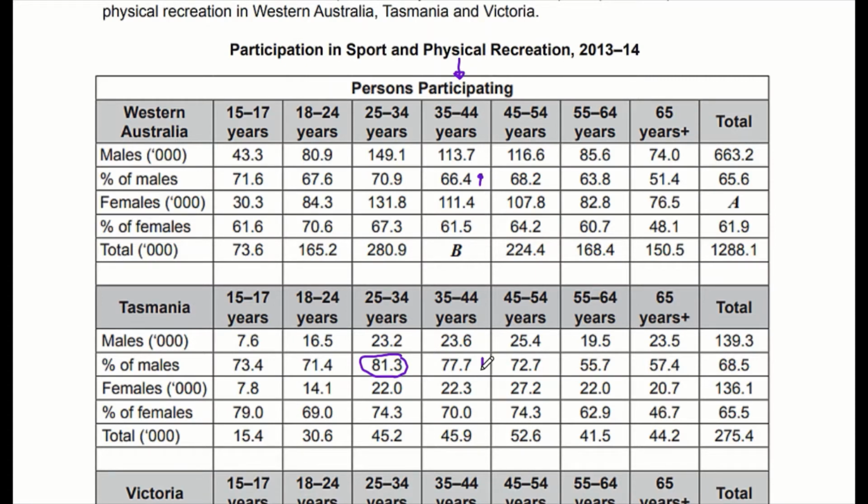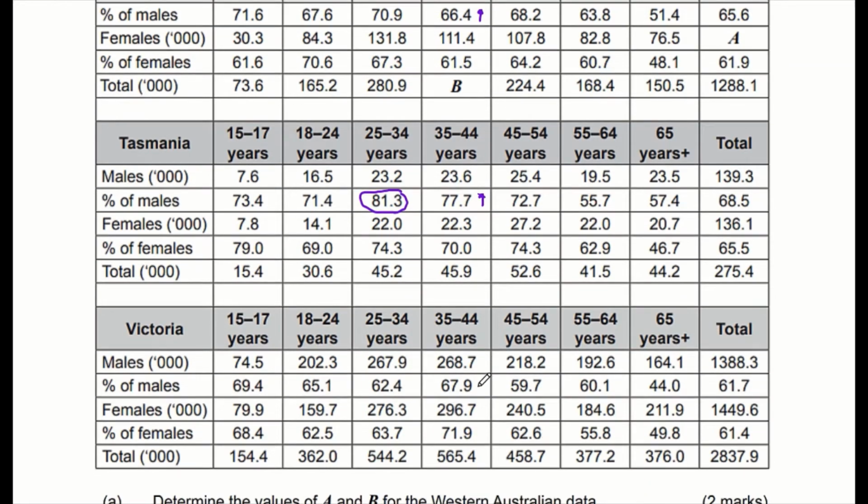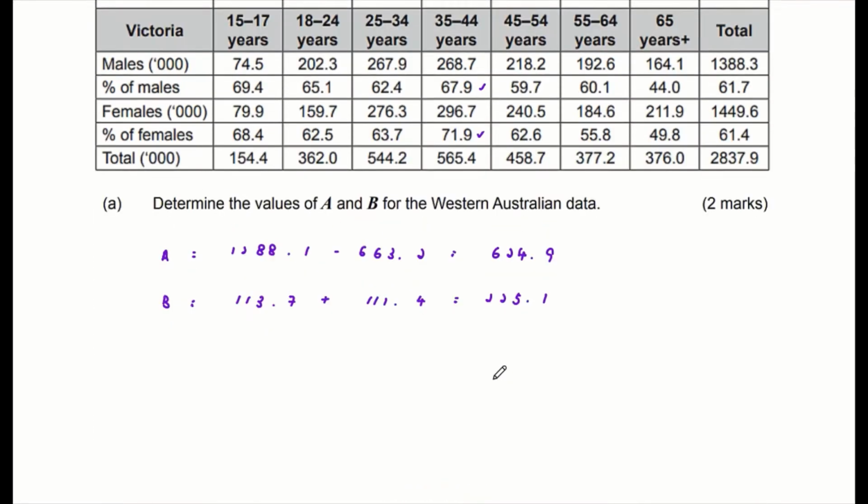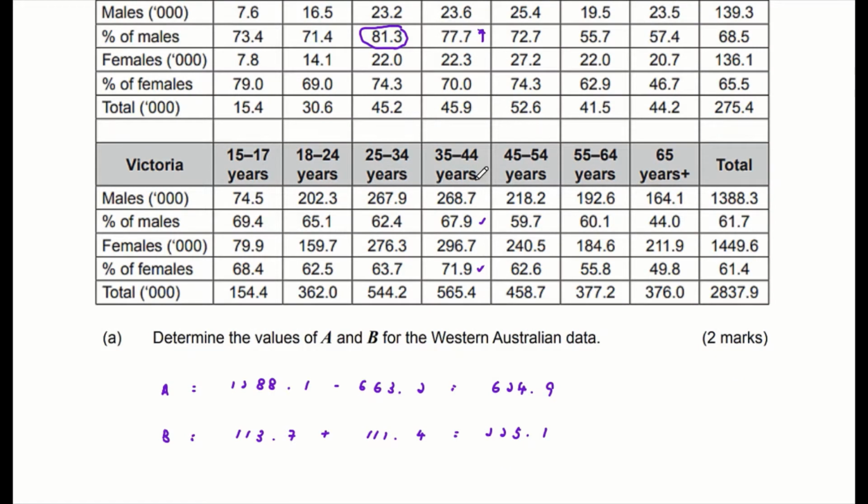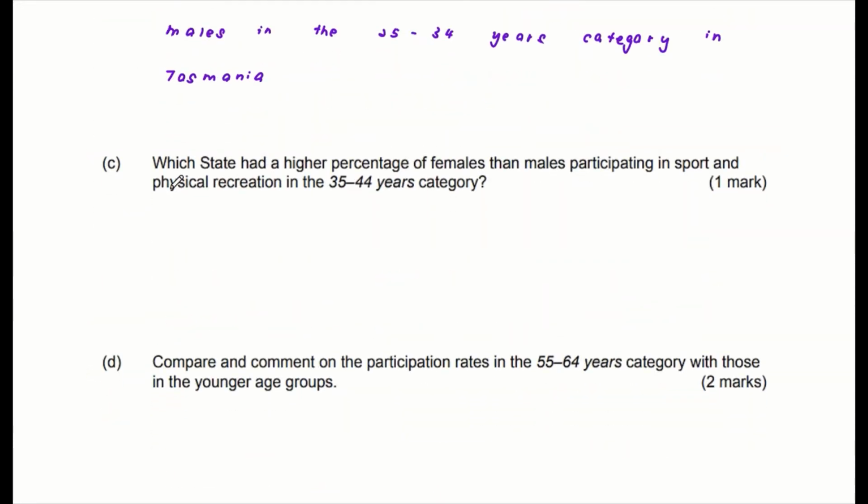For this one, male is higher and female is lower as well. The only state where you have female more than male is Victoria, because you can see 71.9 and 67.9. So that's why for the state of Victoria, in the year category 35 to 44, female is more than male. So in this case, Victoria.